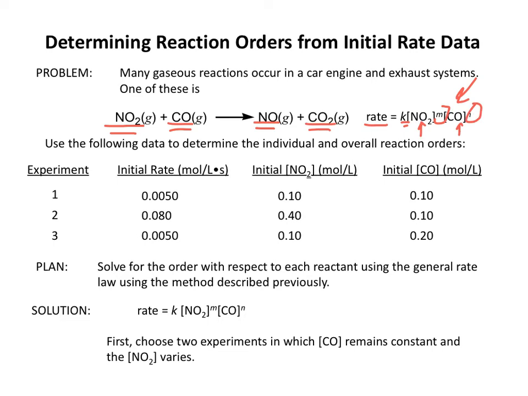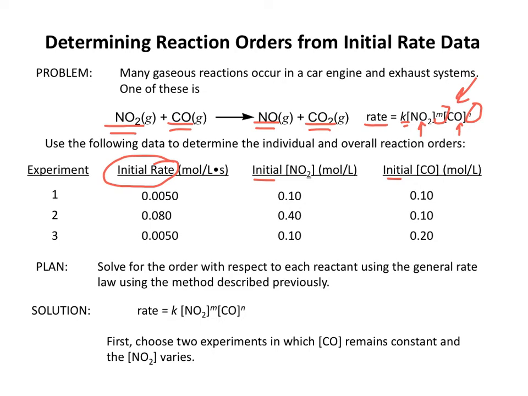You are provided a data table, and notice they're telling you these are initial rates. These are also the initial concentrations, so we're using the method of initial rates. The question asks us to write the rate law.